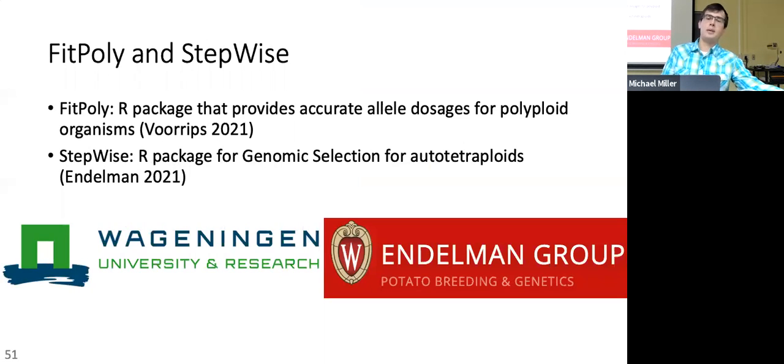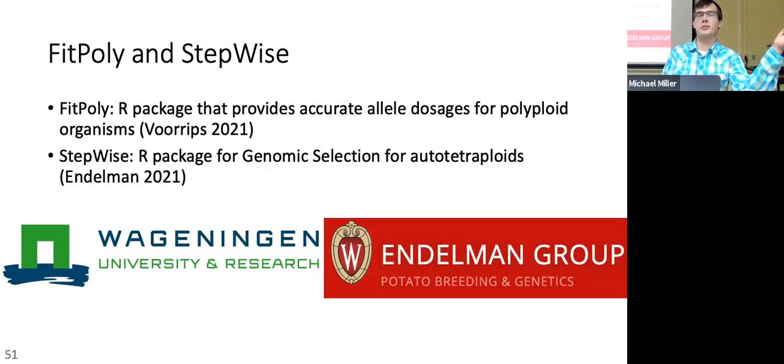The tetraploid genetics tools that I mentioned a little bit earlier are FitPoly and another package. They're both R packages. FitPoly takes raw genetic data and fixes the output that you will initially get from it, because it's hard in autotetraploids to really know what the allele dosage is.